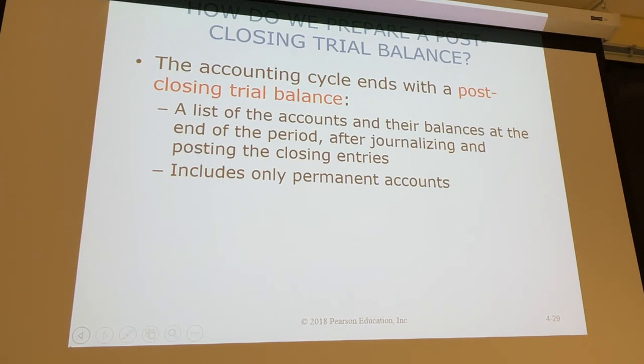And this trial balance really serves the same purpose as the other trial balances, in that we want to make sure that our debits are equal to our credits, and therefore we want to make sure that we didn't make any mistakes in the process of going through our closing journal entries.